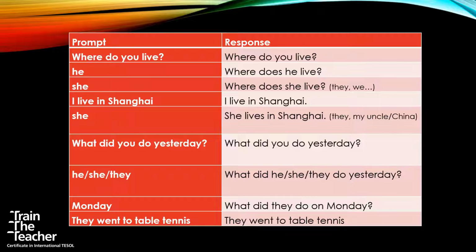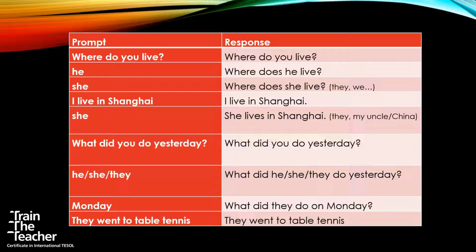So the teacher could move to another question, which is, what did you do yesterday? Which the learners copy in response. And then, of course, the teacher can say he, she, they, and the learners manipulate that and respond appropriately. Also, the teacher can manipulate that further by not just introducing different subjects, but introducing different times. So the teacher's prompt could be Monday, and the learners respond, what did they do on Monday?